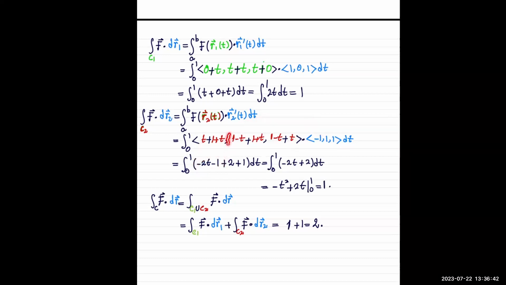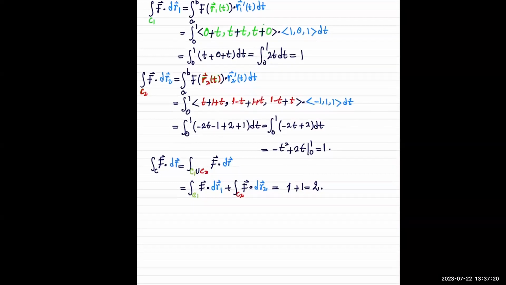For the j hat component, notice that the t's cancel out, we have 2, and 2 times 1 is 2. In the last component, the t's cancel out, you just have a 1, and 1 times 1 is 1. So negative 2t, and then you have negative 1 plus 2 plus 1, which gives you 2. From 0 to 1, integrate term by term. You get 1.